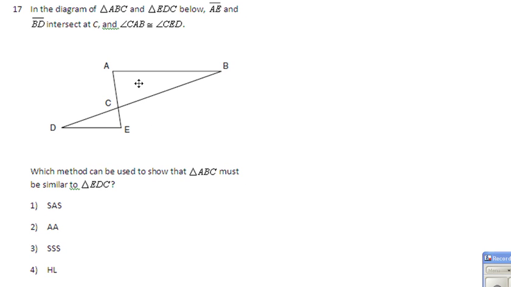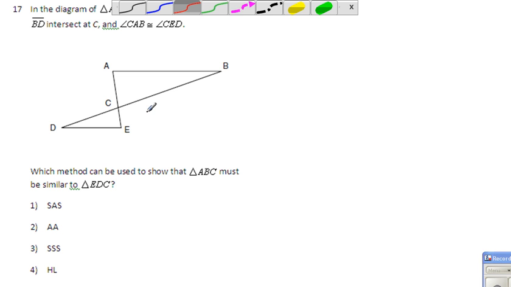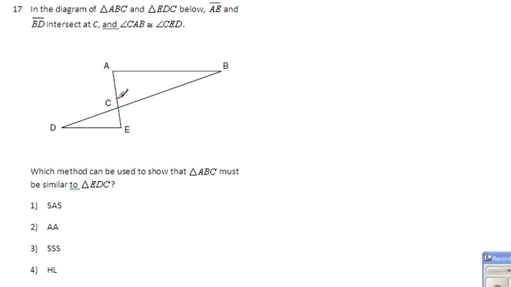Here we have, how do we show that these two triangles are similar? That is the question here. One thing is, this angle will be equal to this angle, vertical angles.